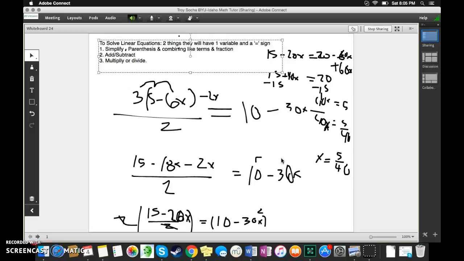If they don't have one variable and an equals sign, you can only simplify, you cannot solve. In this one, we can simplify and then solve. The add and subtract, multiply and divide are solve steps. So make sure to go through this when you're doing your linear equations.